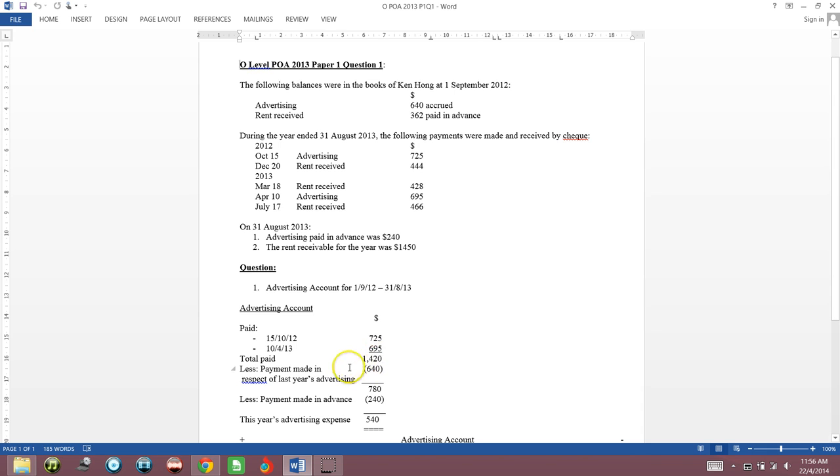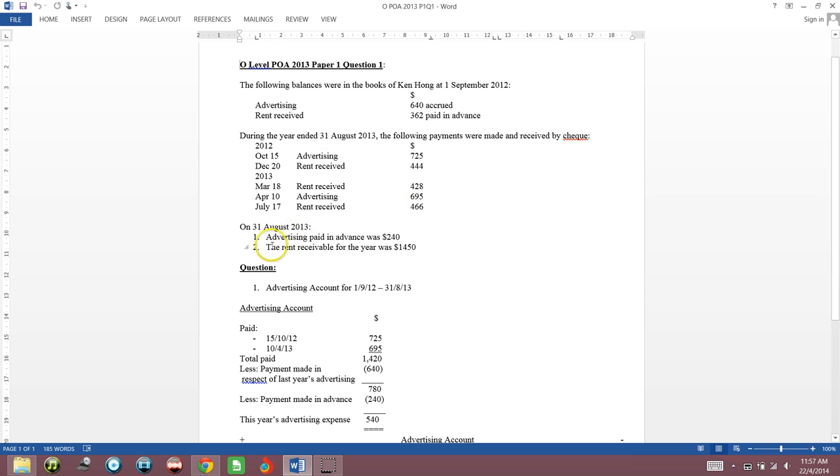So out of this 1,420, 640 was paid in respect of last year's advertising. That would leave $780 that is paid in respect of this year's advertising. And out of this $780, 240 was paid in respect of next year's advertising.